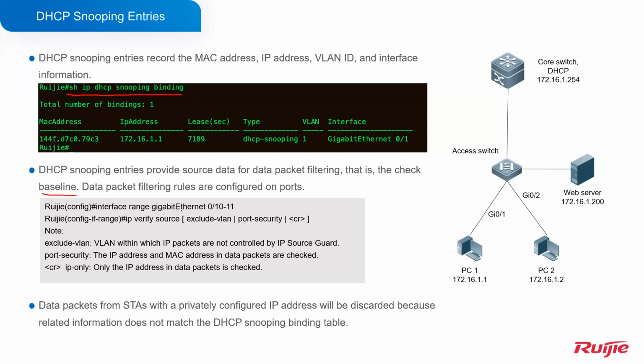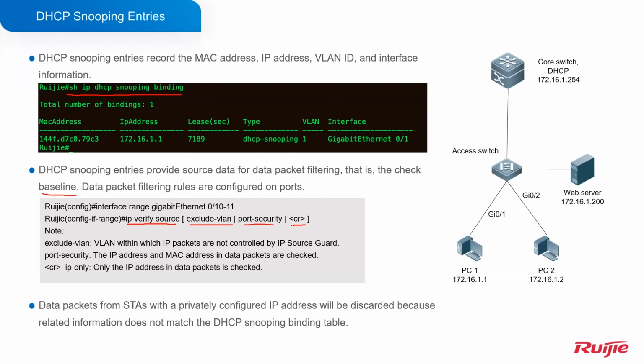interface range GigabitEthernet 0/0/10 to 0/0/11, ip verify source. So here, actually, this is a rule. To verify the packet, we should check some parameters. So what parameters should we check? We can check the VLAN, the port security, or just press Enter.